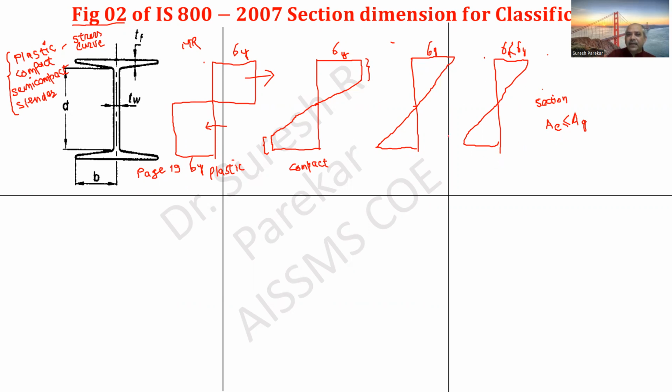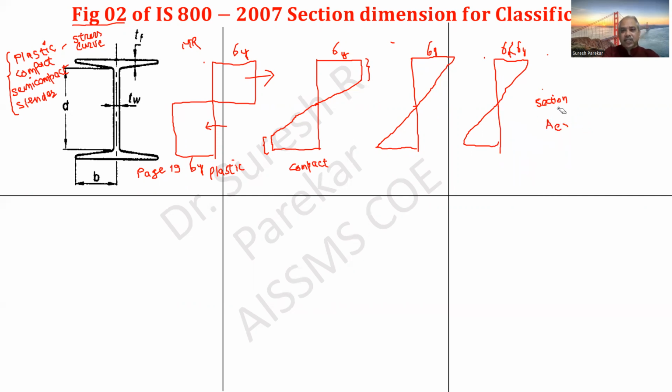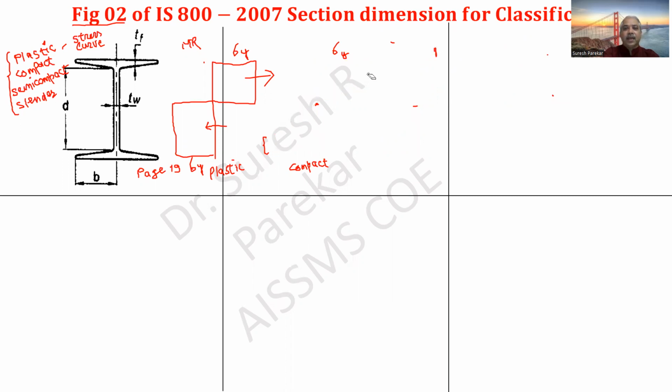So slender we are not preferring in the design of steel structures. So you should know which section is plastic, which is compact, semi-compact, and slender, and these sections are decided over here.